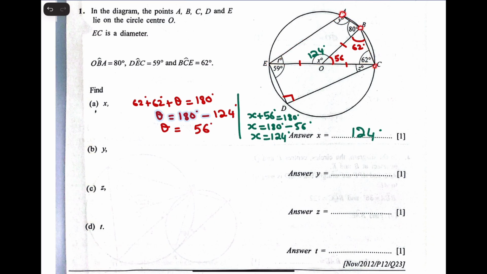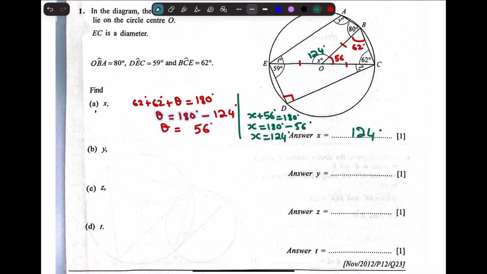And what is the property of a cyclic quadrilateral? The opposite interior angles of a cyclic quadrilateral are supplementary. They add up to 180, which means angle B plus angle E, this angle T, should be 180, and angle y plus angle 62, at A and C, should also add up to 180.